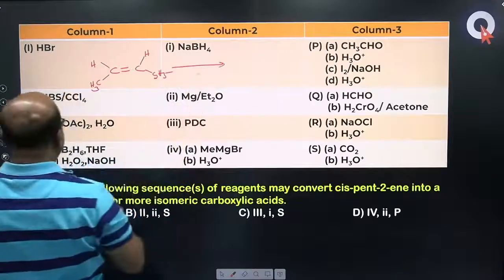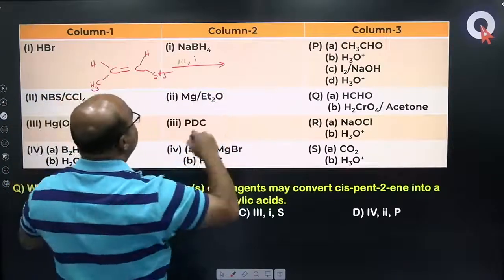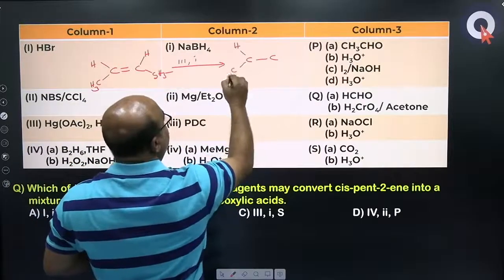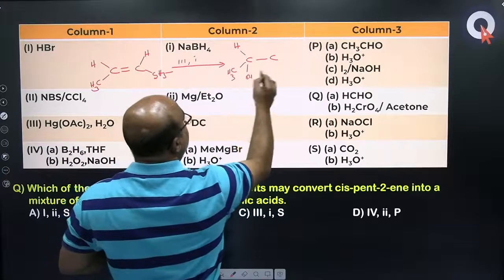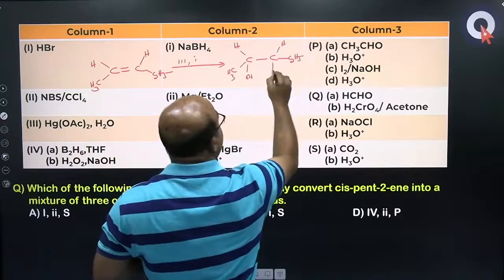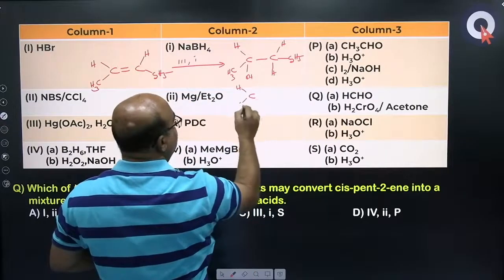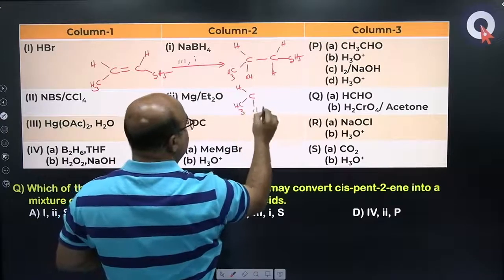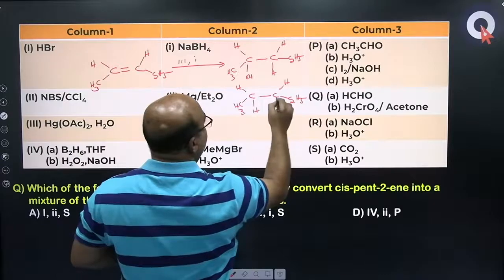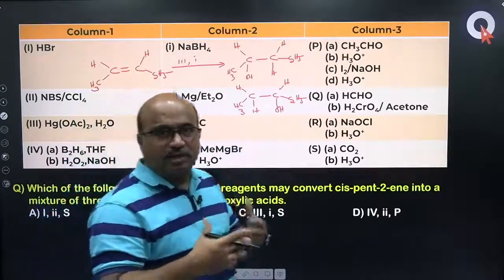Reaction with this, what will it give? Alcohol. So you see C, H, CH3, OH, H, C2H5, H. Or you may get even this C, H, CH3, H, C, H, C2H5, OH. This is more or less same in this case.